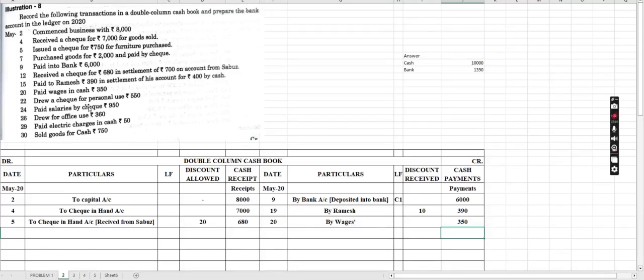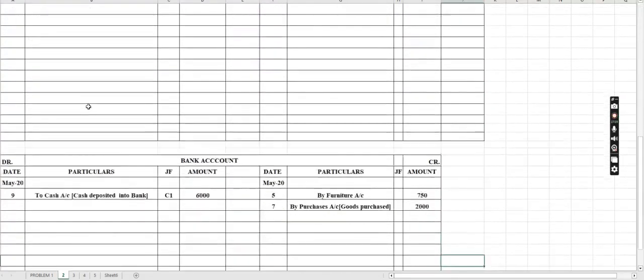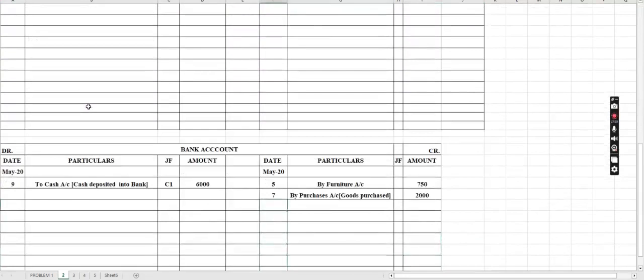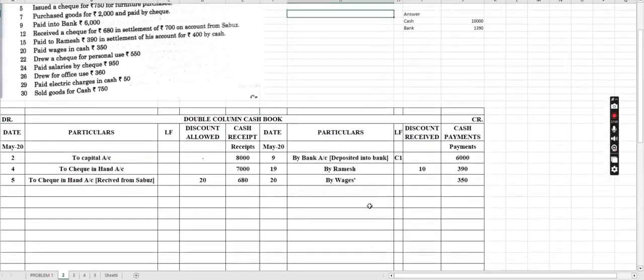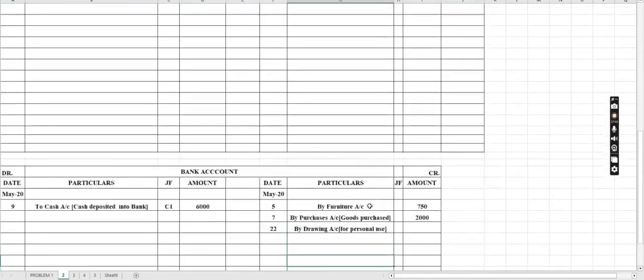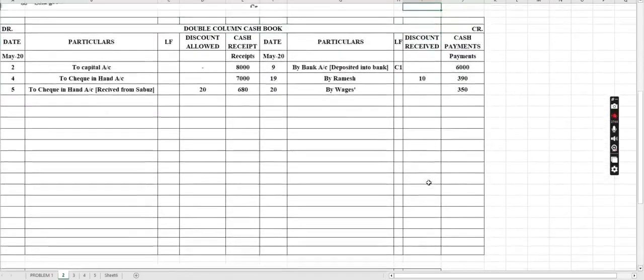When we are withdrawing it from the bank for personal use, it is drawings. On 22nd, by drawings account, in bracket for personal use. How much amount? 550 rupees. Okay, next.